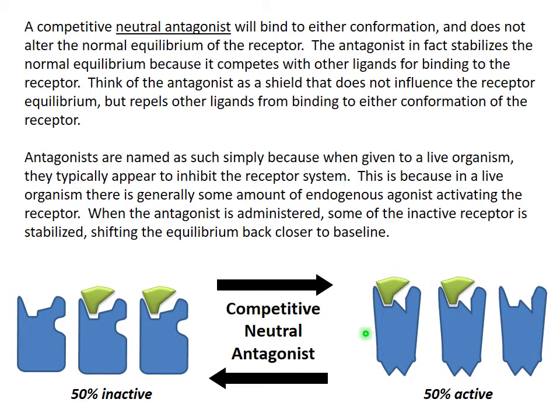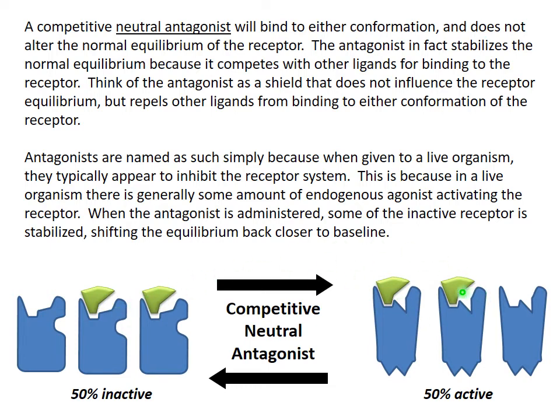So you might be asking, then what does it do? If it doesn't do anything to the receptor ratios, what does it actually do? Well, the important point is that for every molecule of antagonist that is bound, nothing else can bind there. So it forces it to stay in this ratio.